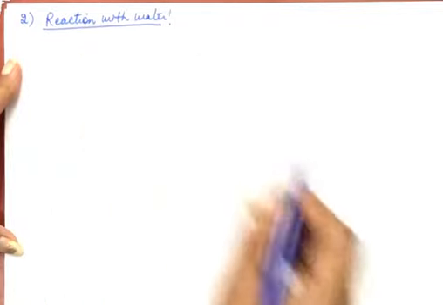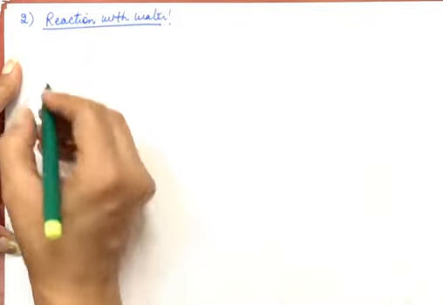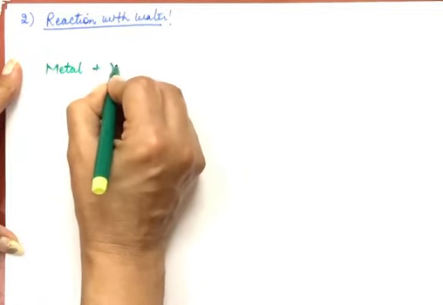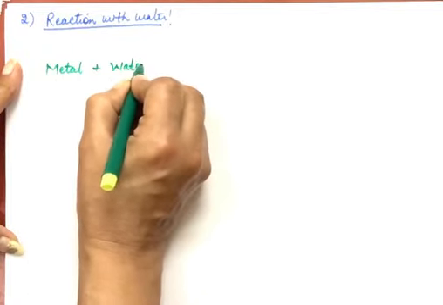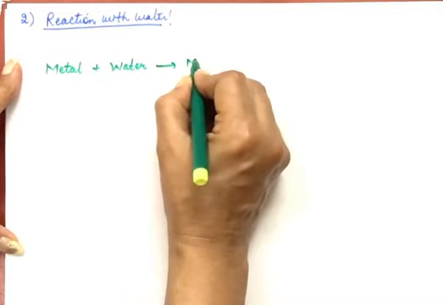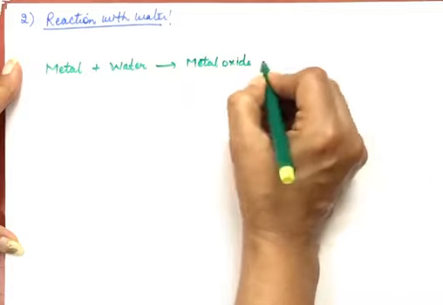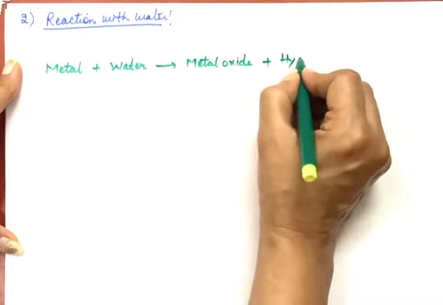Metals react with water, and what do they produce? Metal with water forms metal oxide, but now here along with this there is hydrogen also.